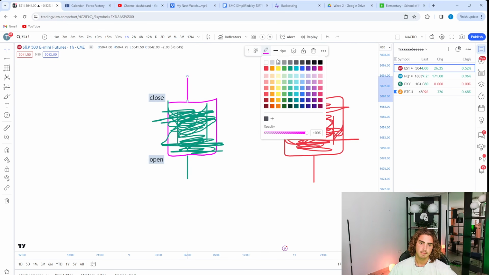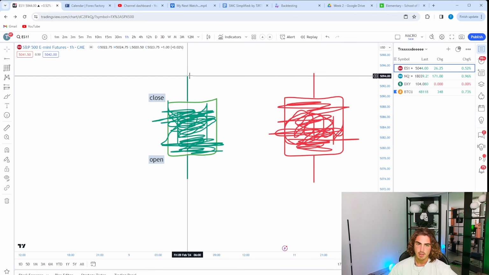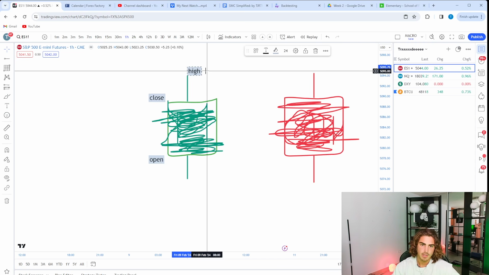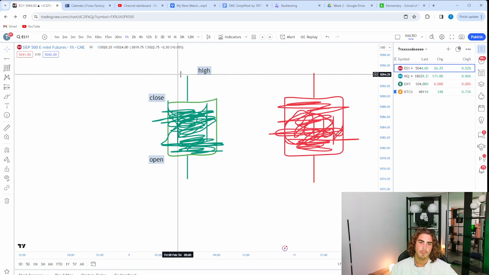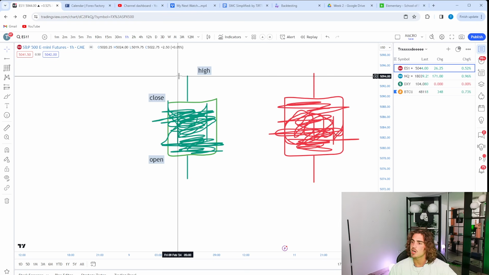So this guy right here, just to make this look better. This up here is the highest point that price went to. Hi, guys. Boom. This is the high. So that means price was able to push up here, and think of wicks like a snail trail or like a skid mark on your underwear.